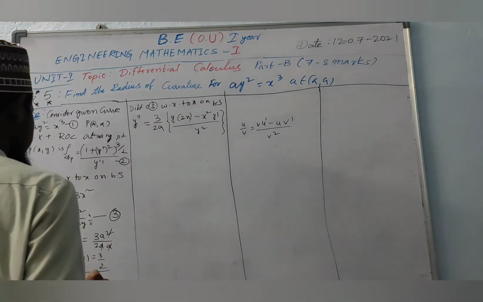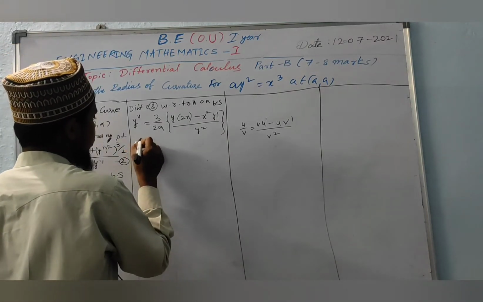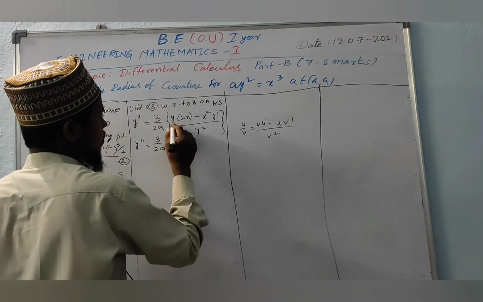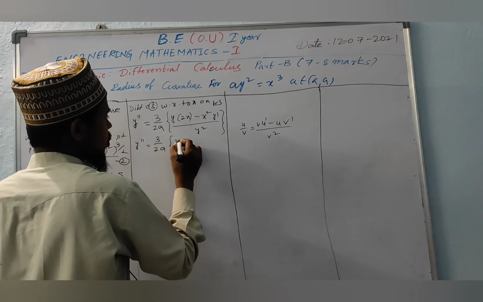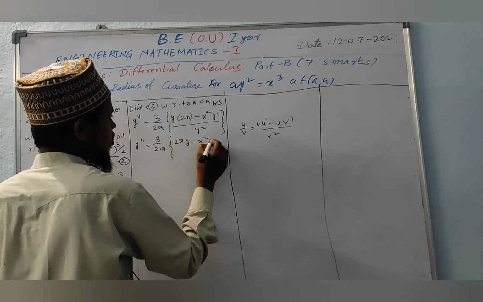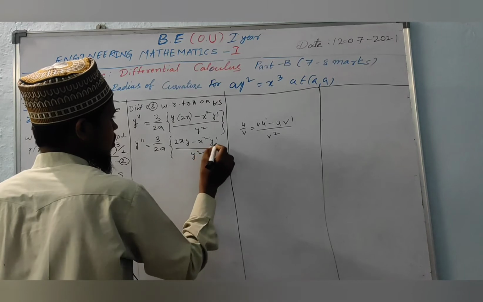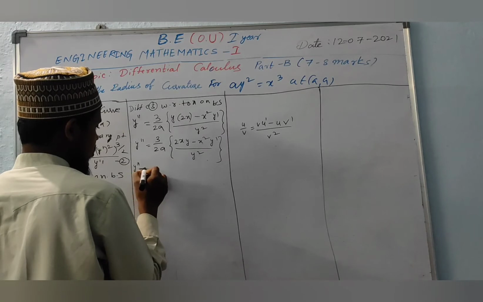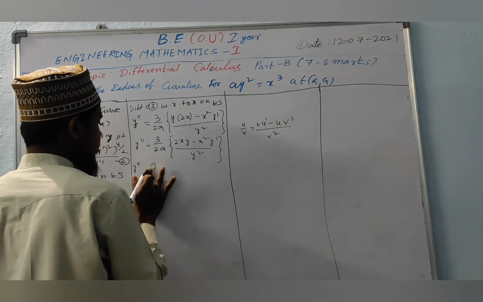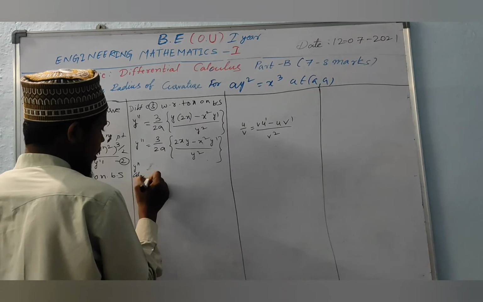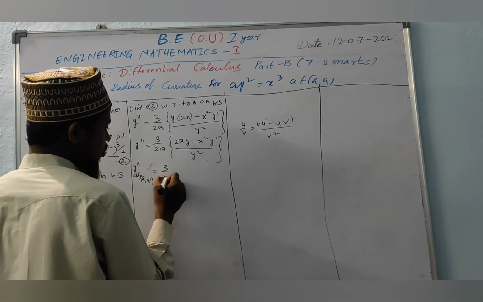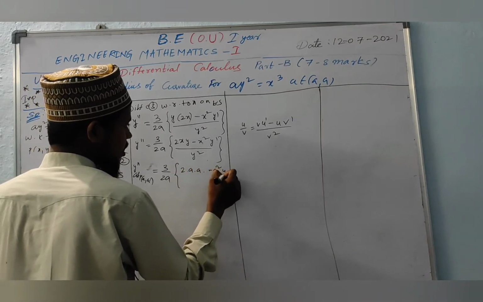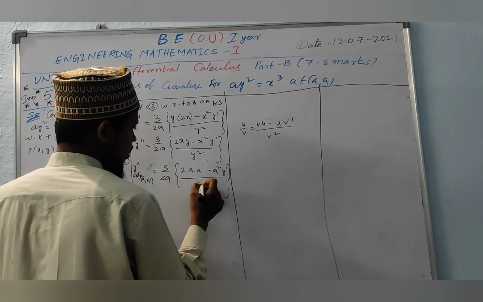Now, see here, y double dash is 3 by 2a into (2xy minus x square y dash) by y square. Now, y double dash at P(a, a) is 3 by 2a into (2 into a into a minus a square y dash) by a square.